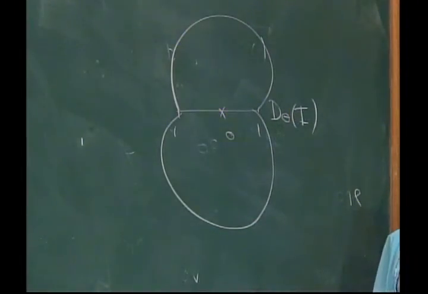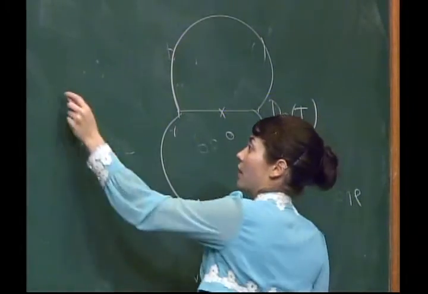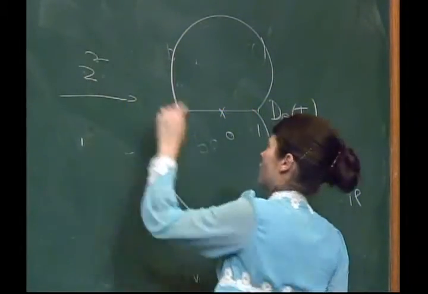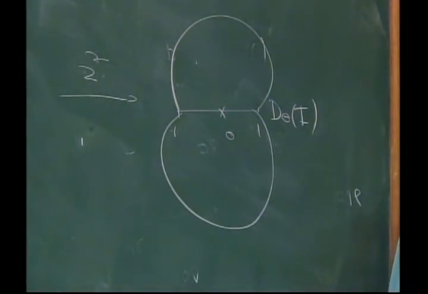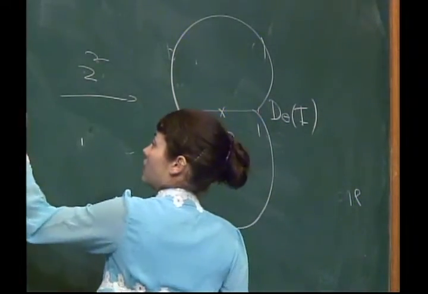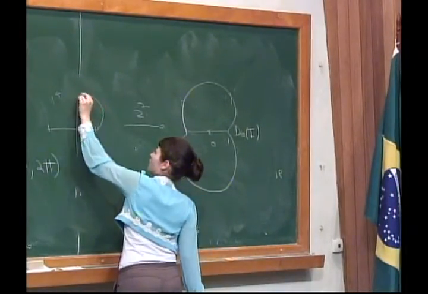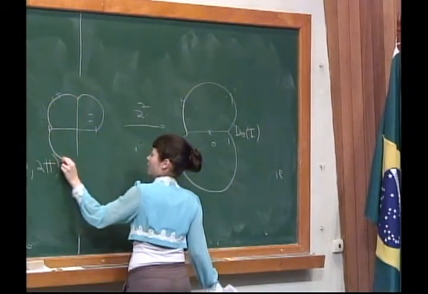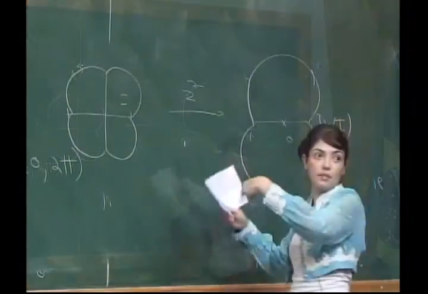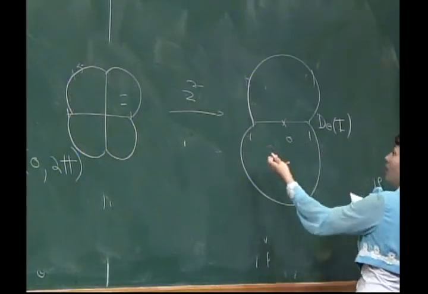Let's imagine that the map is locally like z squared, and we want to take the preimage of this disk under z squared. Don't pay too much attention to the shape. The preimage will be something like this, a 2-cover.